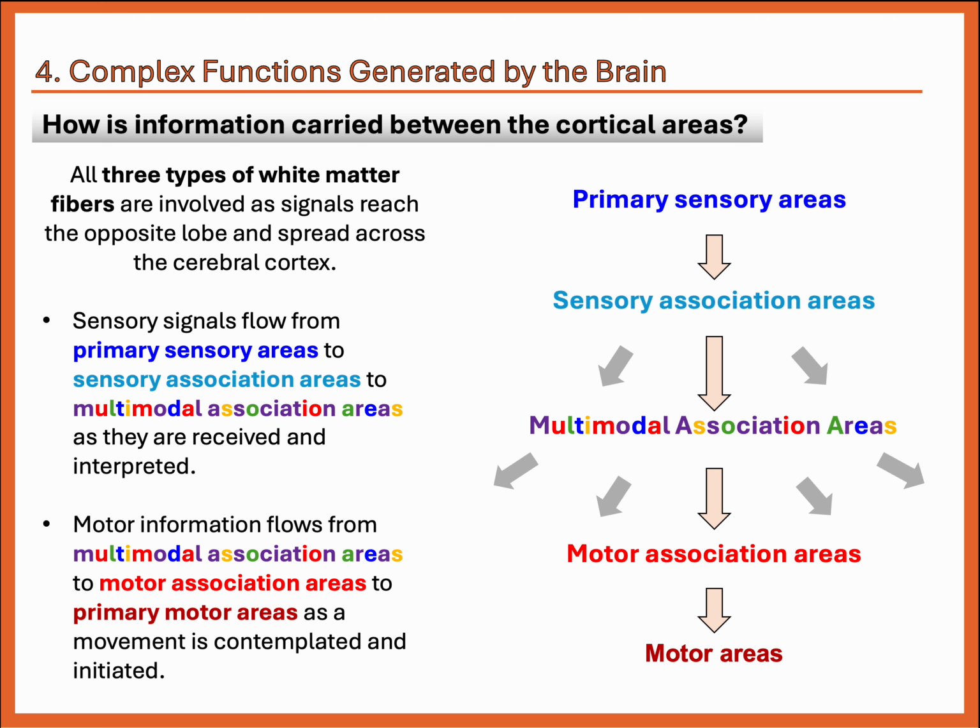All this to say, I want you to understand how information is carried between cortical areas. In my head, there's three levels of complexity. There's the simple areas that are basic, such as primary sensory areas.